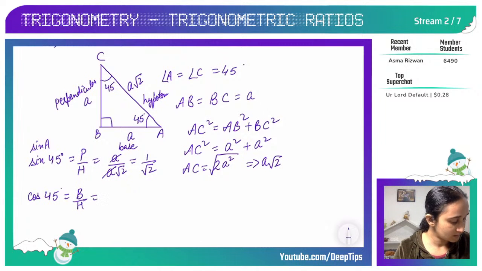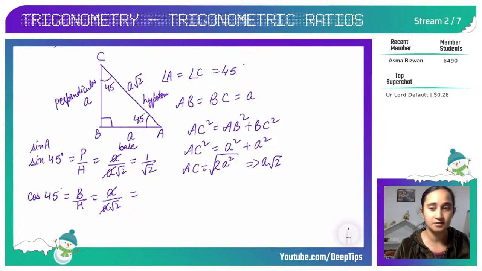So base is a and hypotenuse is a root 2. If I cancel my a's, I get 1 upon root 2. So you can see here that sine 45 and cos 45 both have the same value, 1 by root 2, because the perpendicular and base are of equal length. This is an isosceles triangle. That's why the values of sine 45 and cos 45 are equal.